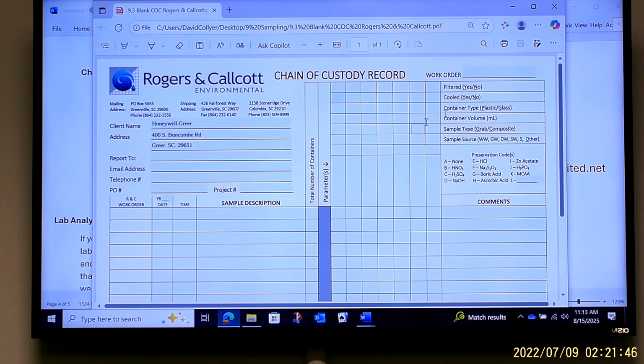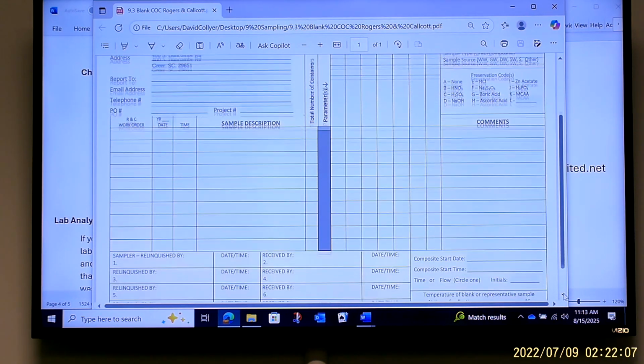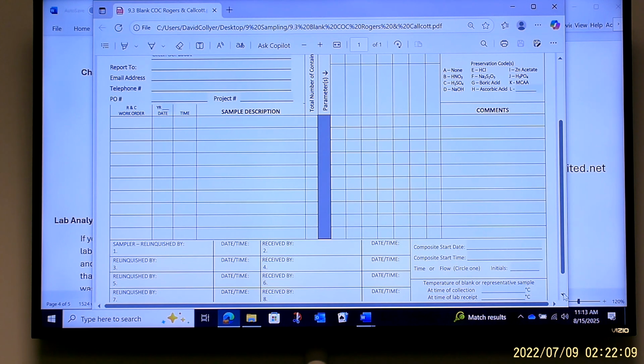You will have all of your codes filled out, whether it was filtered, whether it's cooled, the container type, the container volume, the sample type, whether it's composite or grab, the sample source, wastewater, groundwater, drinking water, and whatever your preservation code is. This will have to be done for each container.